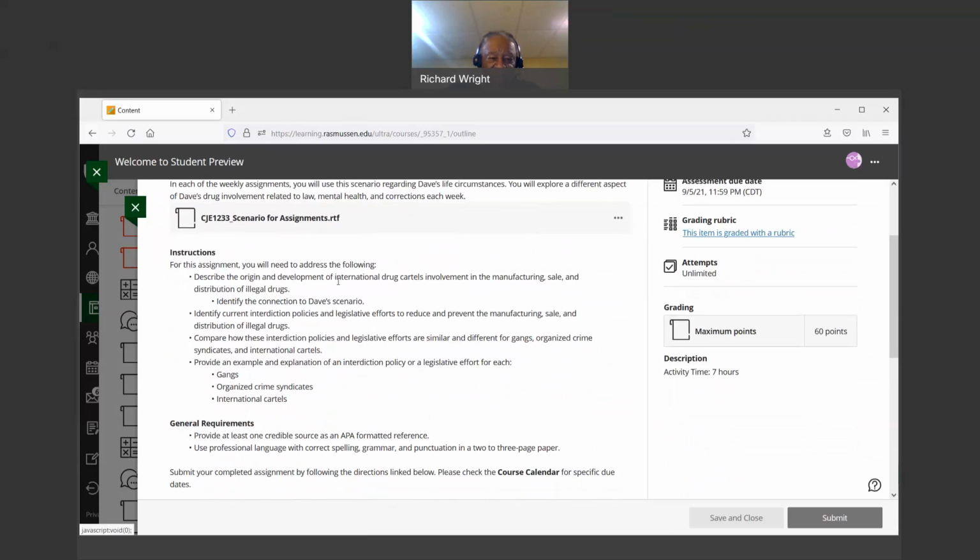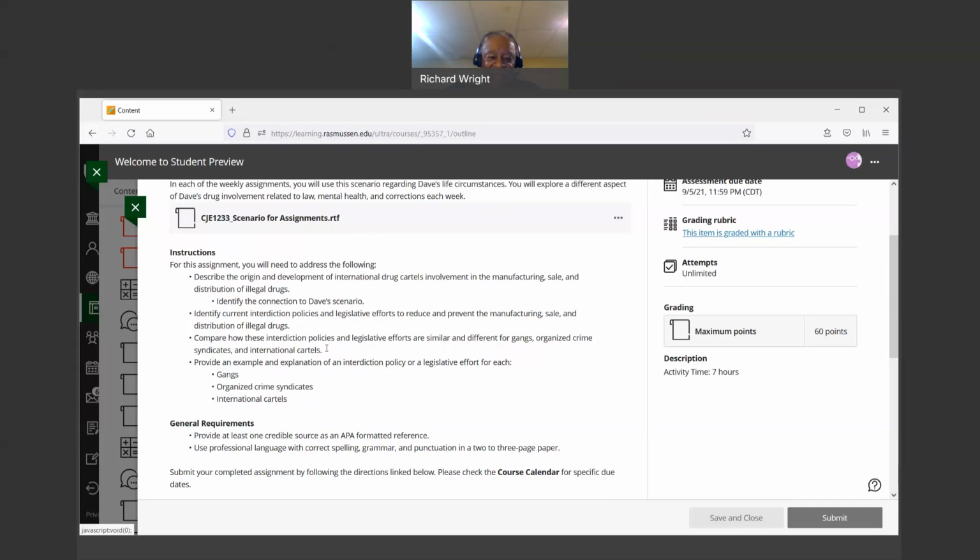You need to address the origin and development of international drug cartels in the manufacturing, sale, and distribution of illegal drugs. Identify the connection to Dave's scenario that we've been talking about since week 1. Identify current interdiction policies and legislative efforts to reduce and prevent the manufacture, sale, and distribution of drugs.